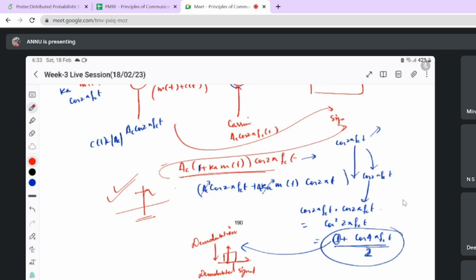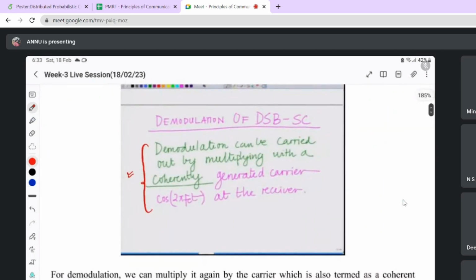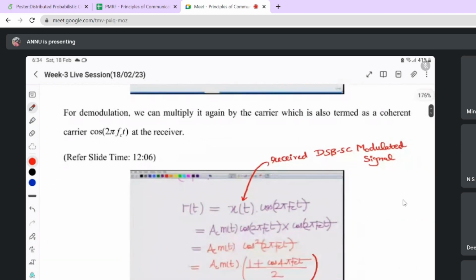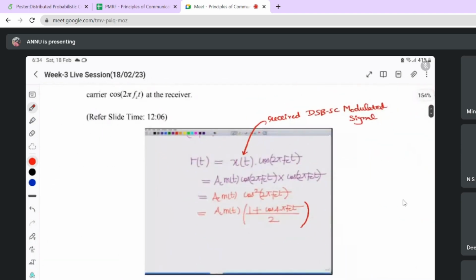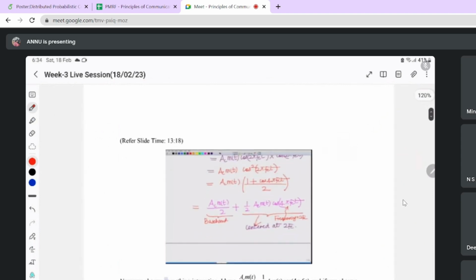Yes. So for demodulation of a DSB-SC signal, here only the envelope detection will not work. Demodulation can be carried out by multiplying with a coherently generated carrier, the same at the receiver. So here we get this received DSB-SC modulated signal, where R(t) equals X(t) cos 2 pi FCT. So how will we get the demodulated signal?